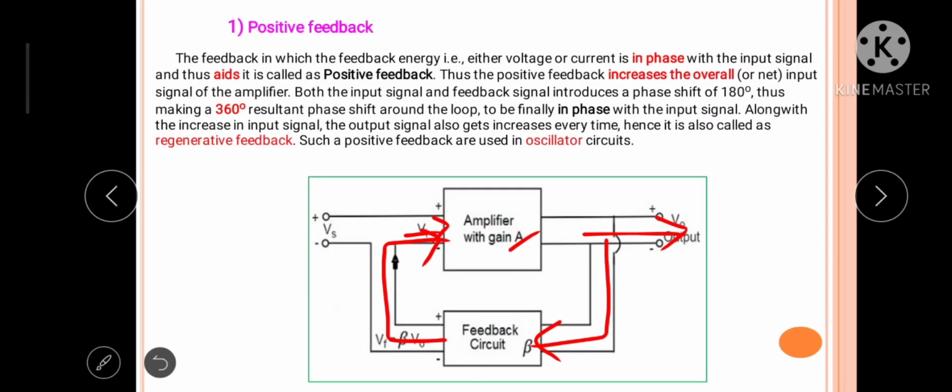This means this feedback signal and the input signal are in phase with each other, and we can say the net input at the amplifier is going to increase. Now, as the net input is going to increase, the net output signal is also going to increase every time, and due to this continuously increasing input, it is called regenerative feedback.